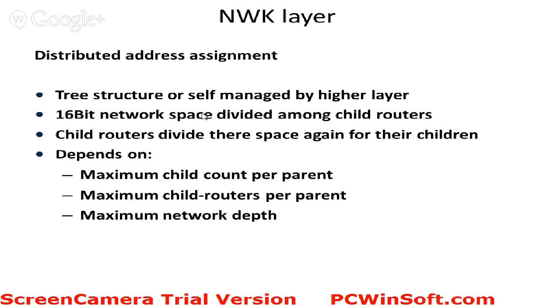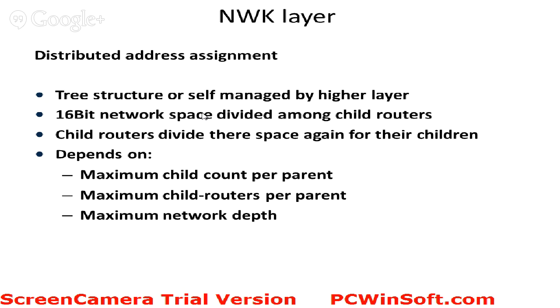Now, the parameters which determine the routing decision making are: number 1, the maximum child count per parent, how many children a parent can have; number 2, maximum child routers per parent; and then you can also have a metric called maximum network depth. These parameters all decide your routing decisions.